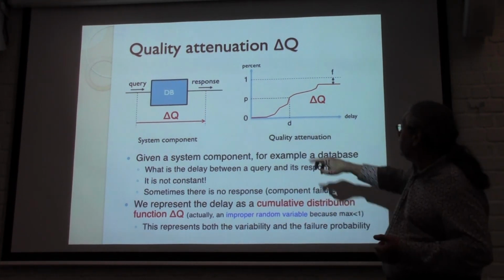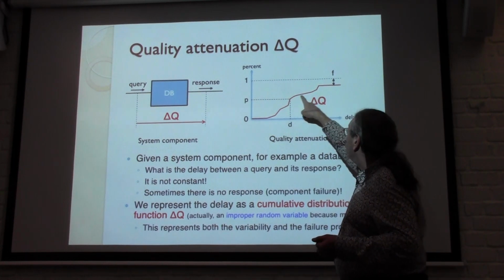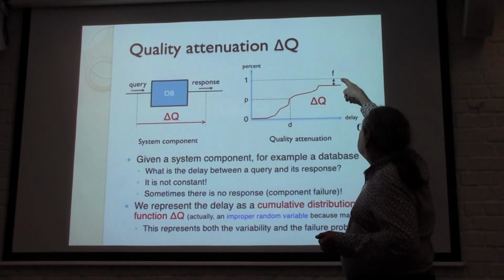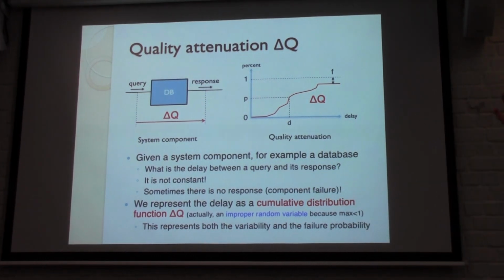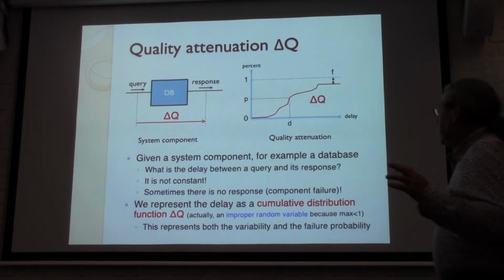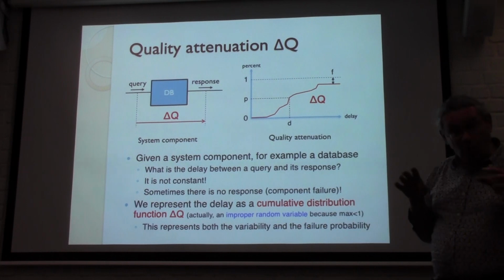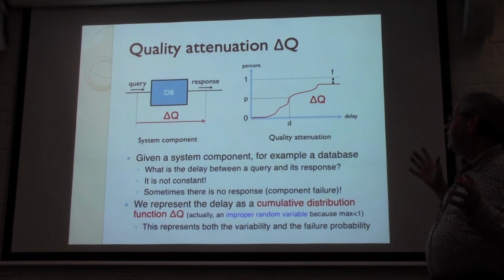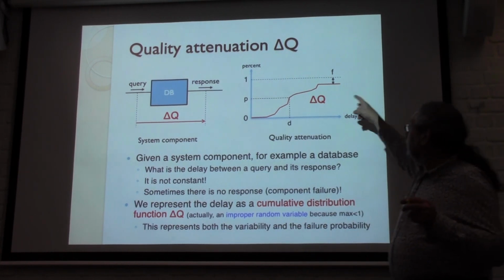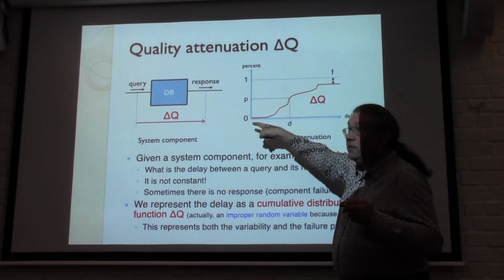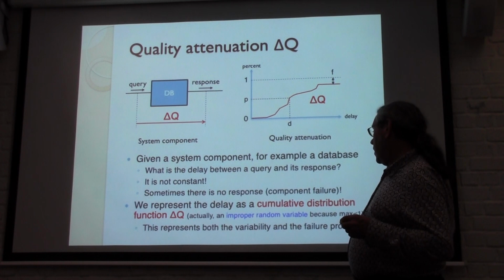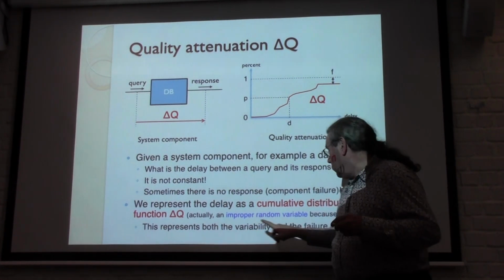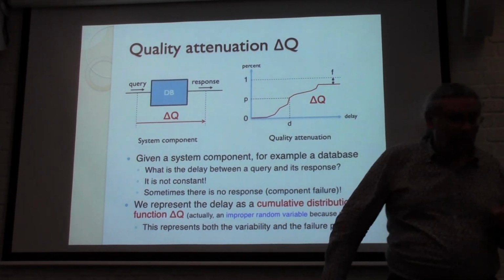But you can consider it to be like a cumulative distribution function, but it might stop less than 1. And that's it, okay? That's not a very complicated thing, but it's not a number. It's more than just a number. It will model all kinds of variability and also model failure, okay? Both the variability and the failure.